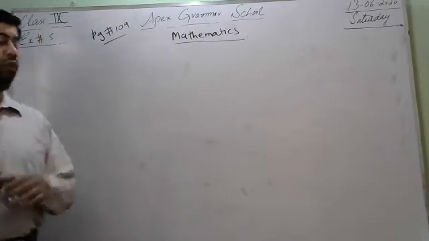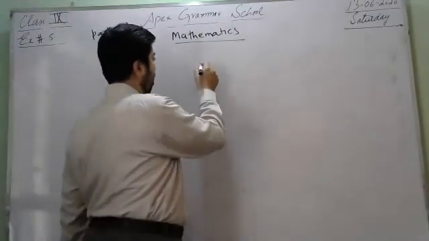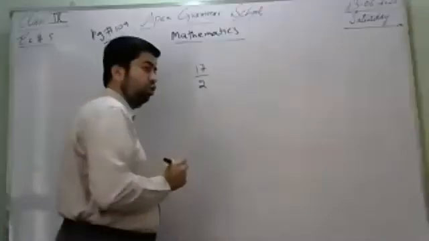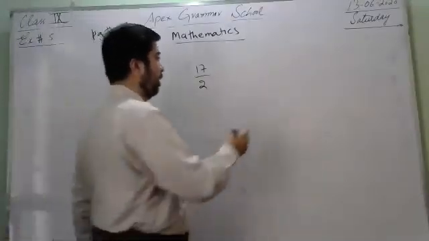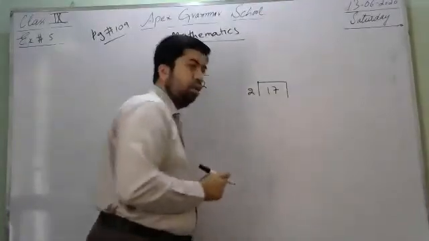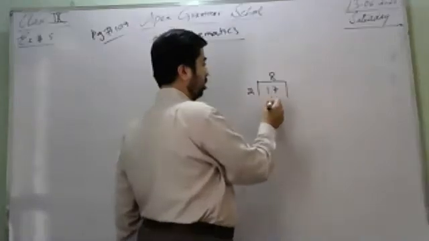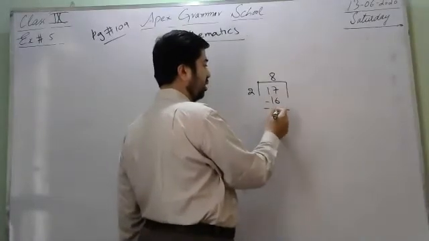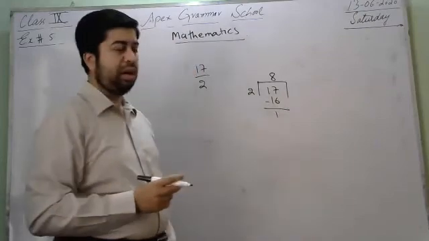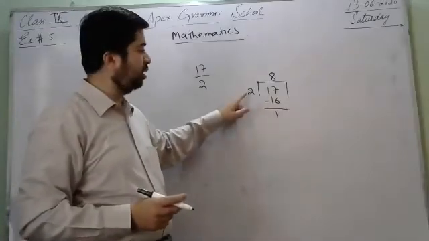Remainder is basically, you already know from your lower classes, that if we have 17 divided by 2, then after dividing, 2 8s are 16, and then 17 minus 16, that is 1. So we can't divide this 2 into this 1 because this value is less than the divisor.